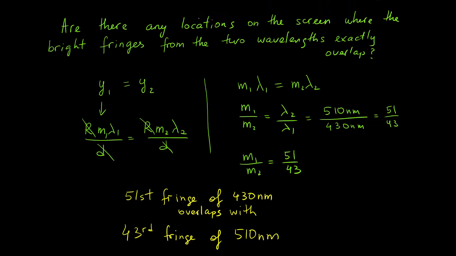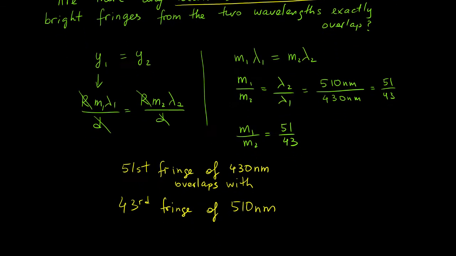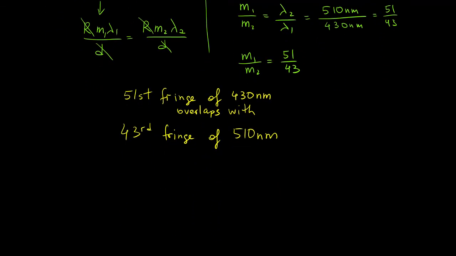Well, but this is not the end. We're asked to find a location on the screen. So we want to find the y. For example, how do we find the y for the 51st fringe for 430 nanometers? It's a bright fringe, so we're going to use our expression y equals R m1 lambda 1 over d.